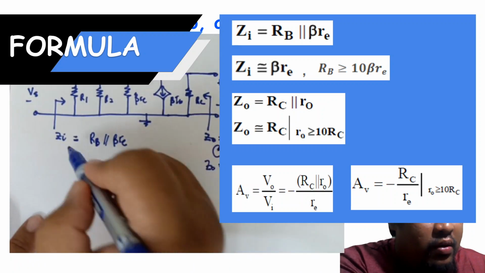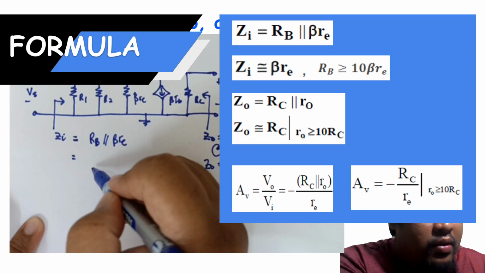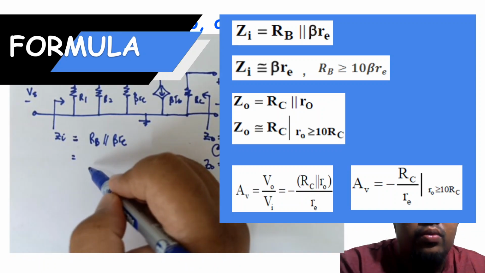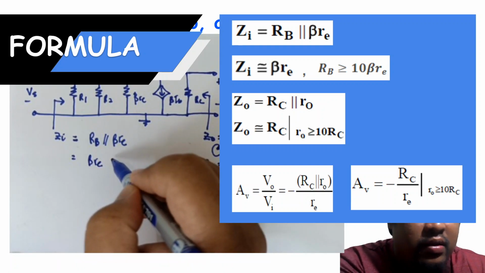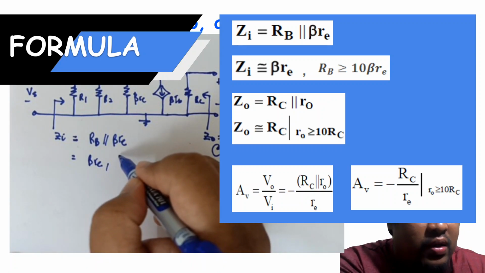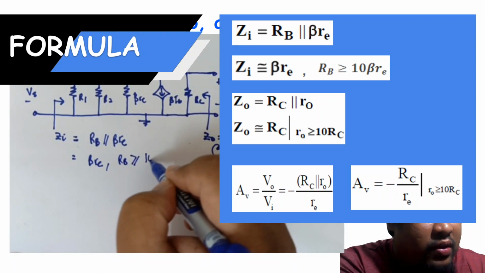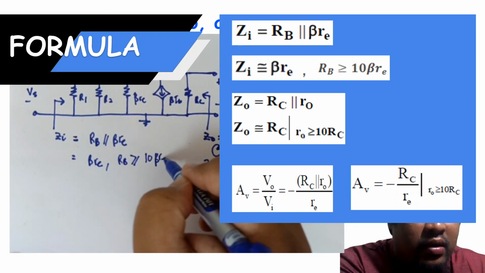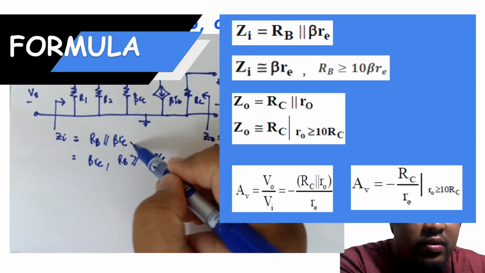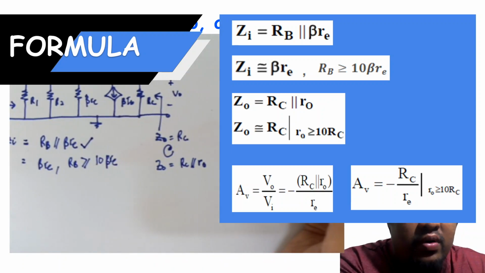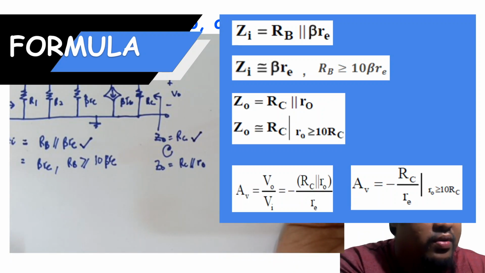Or ZI equals beta RE if our RB is greater than or equal to beta RE. By default, we just use this formula. By default, we just use Z out equal to RC.